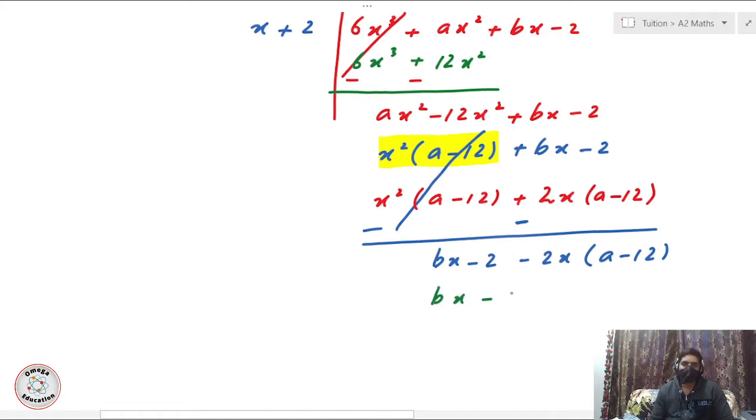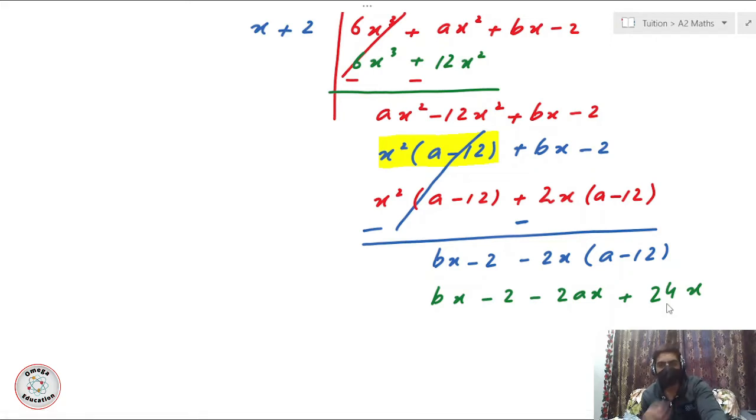Bx minus 2 minus 2ax plus 24x. Alright, this is what you get if you expand the brackets.